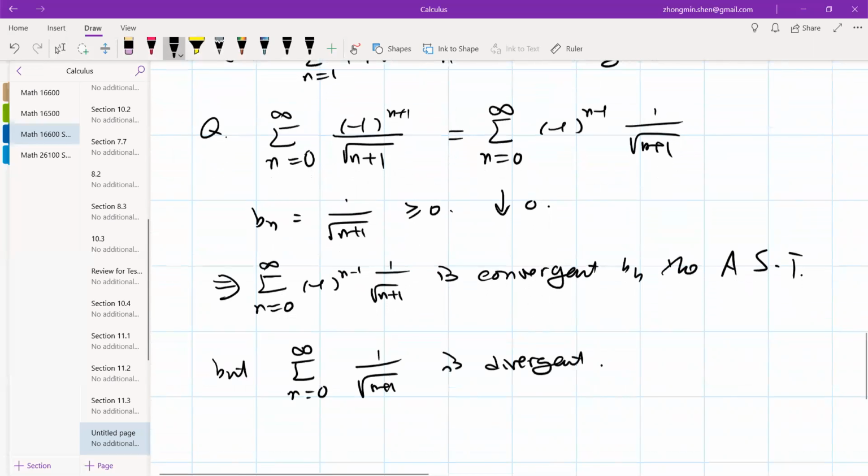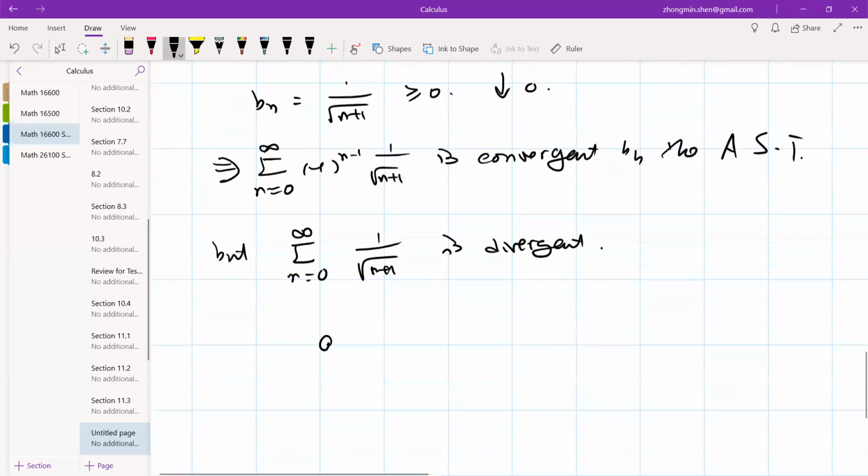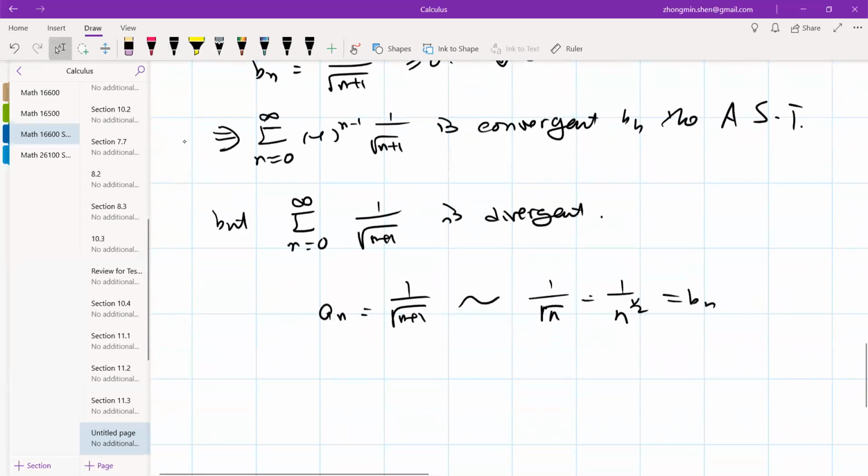You compare with the P series. The term is almost equal to 1 over n to the 1/2. That's Bn, so sigma Bn is divergent because P is equal to 1/2, which is less than 1.